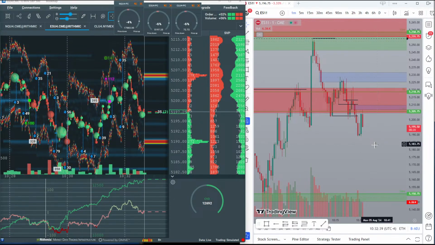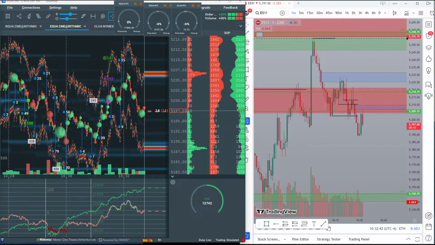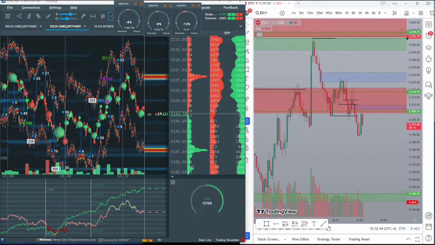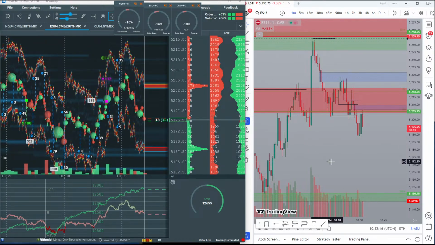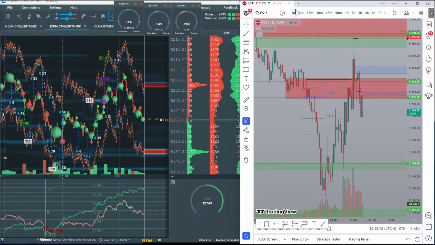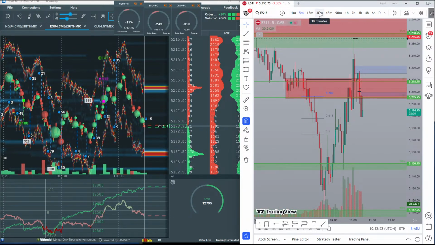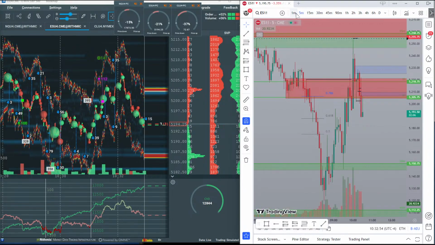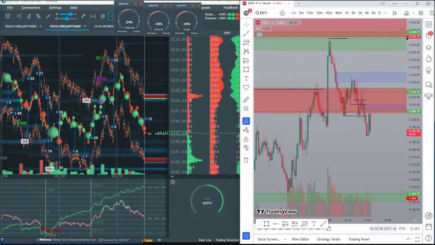Definitely more difficult to trade like this too with the whole TradingView chart situation. Hate when they do that. That 5 minute looks good. That might hold. That 1 minute fair value gap, we'll see.